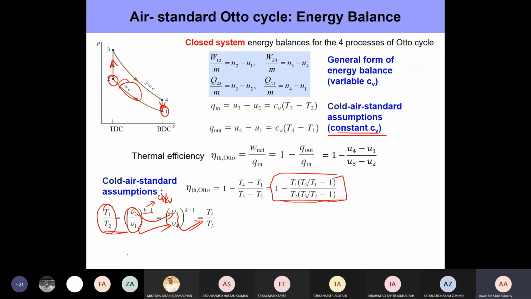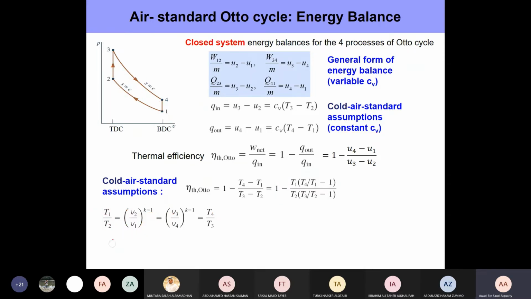So it comes out to be T4 by T3. Now what we're essentially saying is T1 by T2 is equal to T4 by T3. So I can just send T1 down here and T3 at the top, and what I get is T4 by T1. The ratio of T4 by T1 is equal to the ratio of T3 by T2. So this is all what I have achieved.